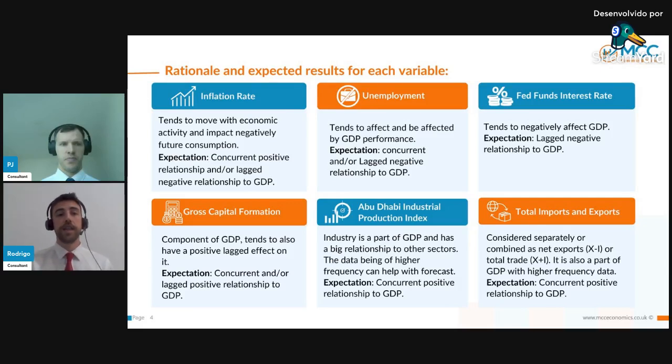In terms of the lagged negative relationship that we mentioned there, it's because in periods of high inflation, especially if it's continuous high inflation, consumers tend to be more careful about how they spend their money, since high inflation corrodes our purchasing power, and so we might try to find investments that will keep our purchasing power and try to avoid consuming.